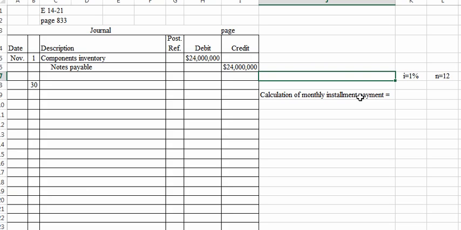I'm going to say our factor is equal to 11.25508. And that's from the table, present value of an ordinary annuity.